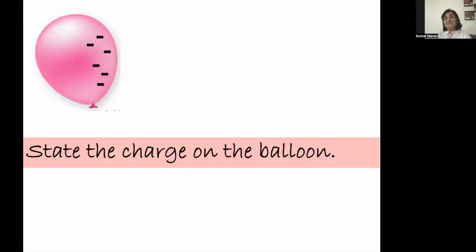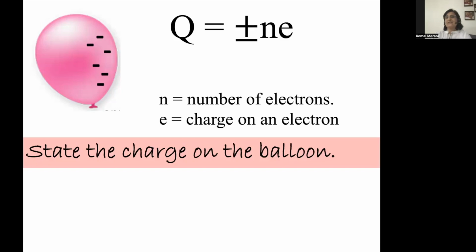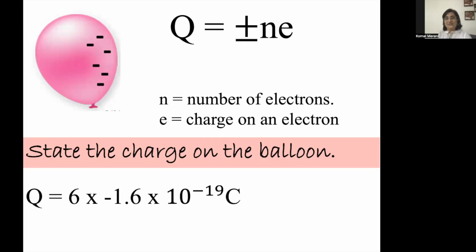This balloon has 6 electrons extra. It's given by the formula Q is equal to plus or minus NE, where N stands for the number of electrons which are extra. So thereby it will be 6 into the charge of 1 electron. Thereby the answer is minus 9.6 into 10 raised to minus 19 coulombs.